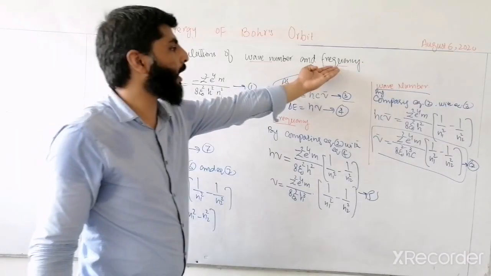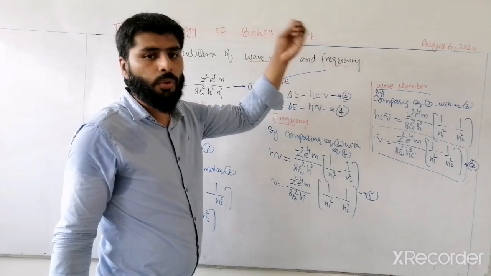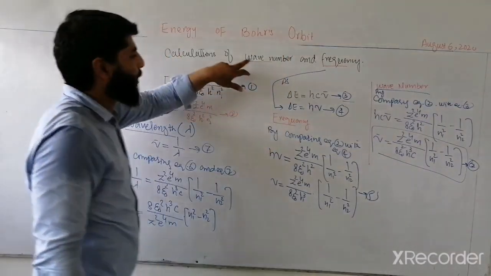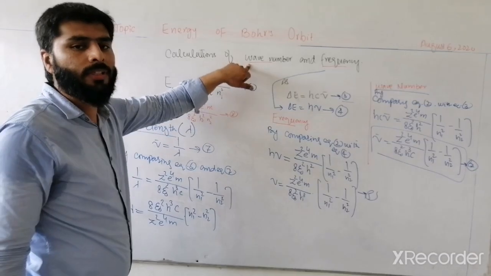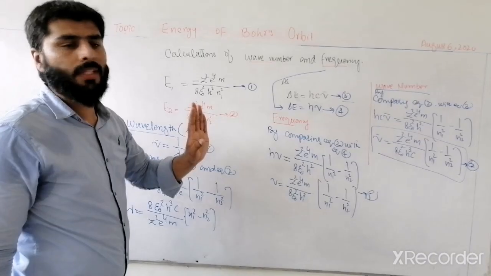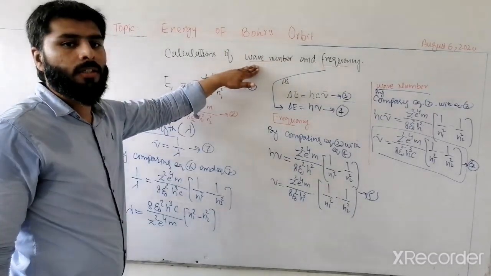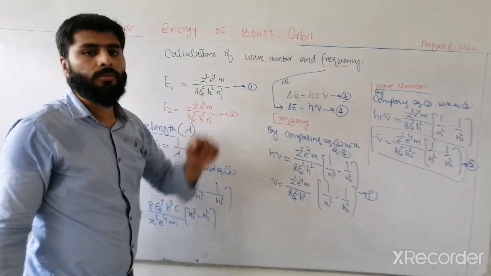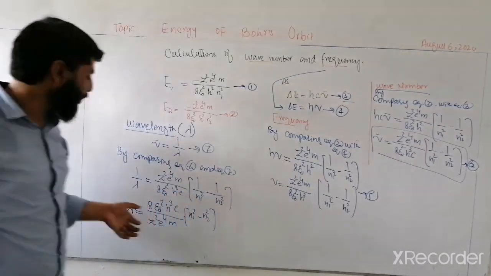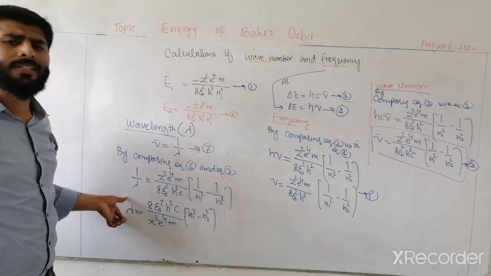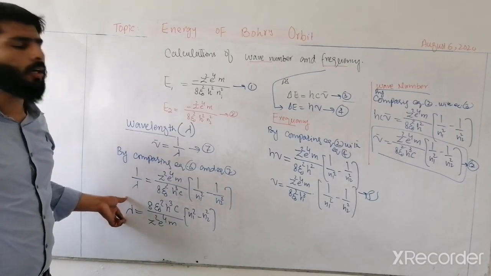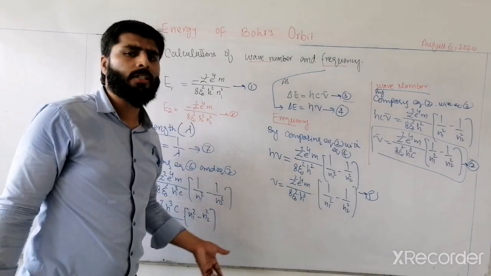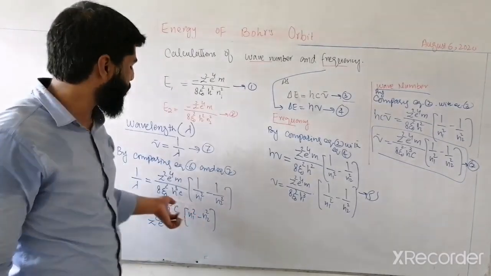Here we say the number of waves passing through unit area per second, but there we say the number of waves passing through unit area. It is the capacity of a specific region for the penetration of radiation. And what is wavelength? It is the distance covered by a specific wave, or the distance between adjacent crests or troughs of a wave.